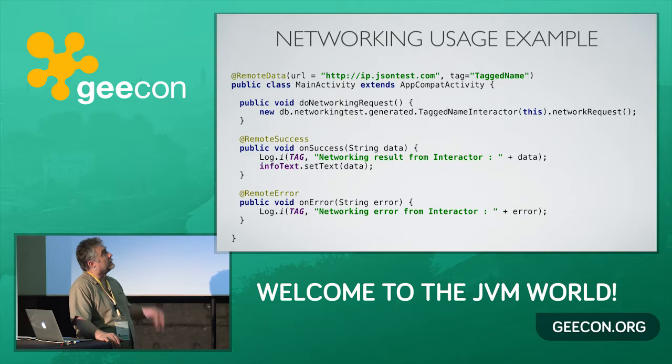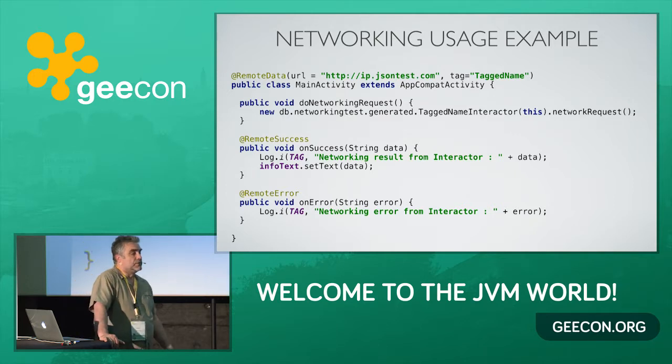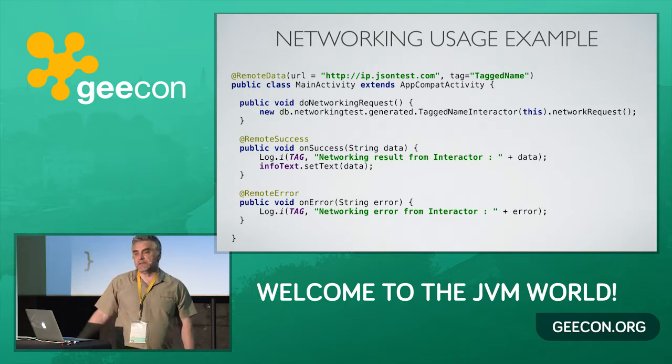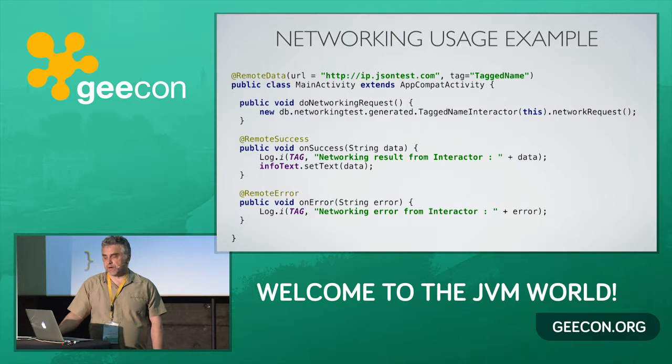And it also defines a tag, so if you want, for whatever reason, to cancel that network request, like a network is slow and you want to close the activity, you can still find the networking stack component and call the request. You can find it by the name and you can cancel it. So it's no magic. It just hides the stuff which you probably don't want to care about most of the time.